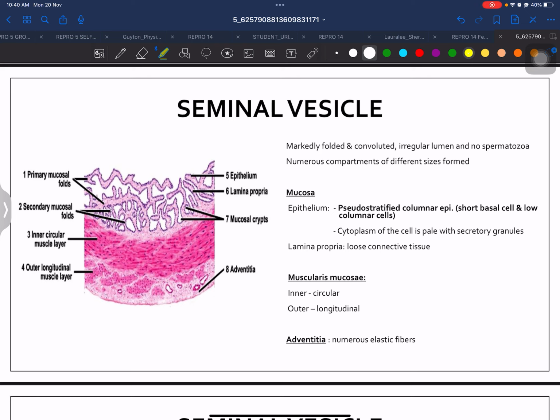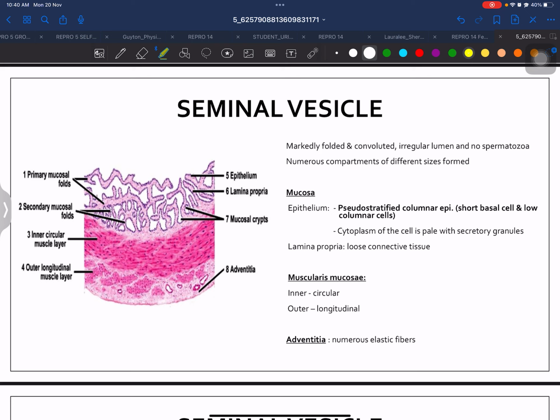The seminal vesicles join the ampulla of the ductus deferens just above the prostate gland. The seminal vesicle is an exocrine gland because it produces seminal fluid. So these are the histological features of the seminal vesicles.